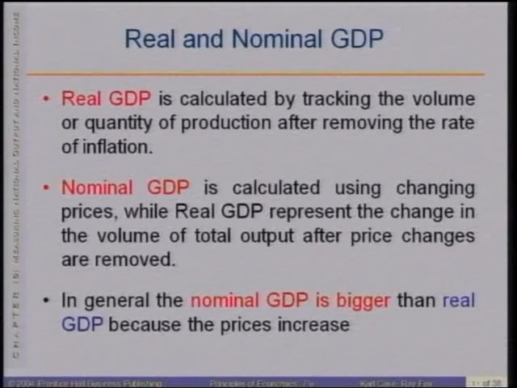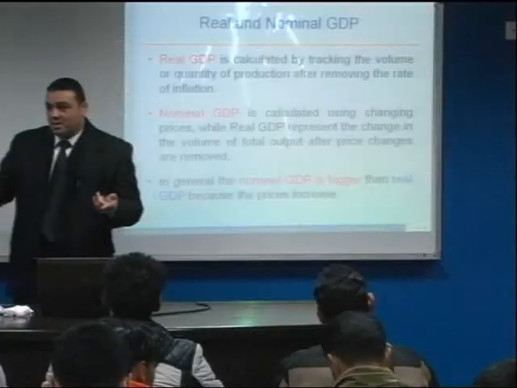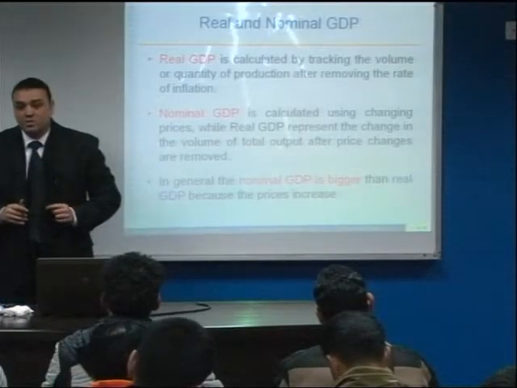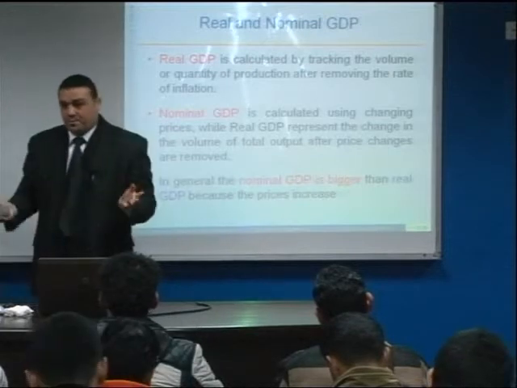Real GDP computes the aggregate output by using what? The fixed prices or the current prices? The fixed prices, yes, exactly. But nominal GDP computes the aggregate output by using the current prices.